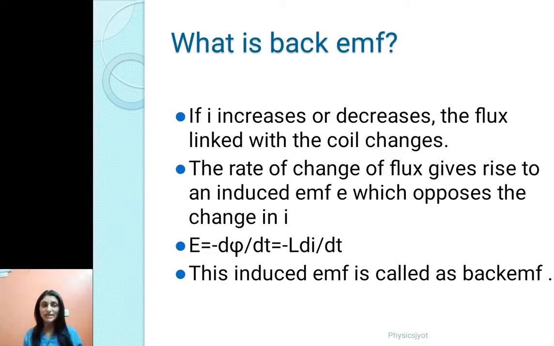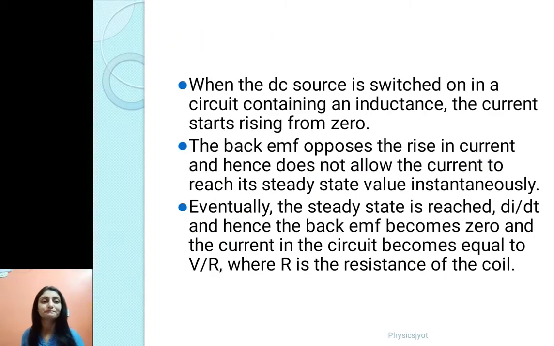So we have E equals minus d phi upon dt, and we know that phi is L into I. As L is constant, we can take it outside. So we get E equals minus d phi by dt equals minus L di upon dt. This induced EMF is nothing but the back EMF.